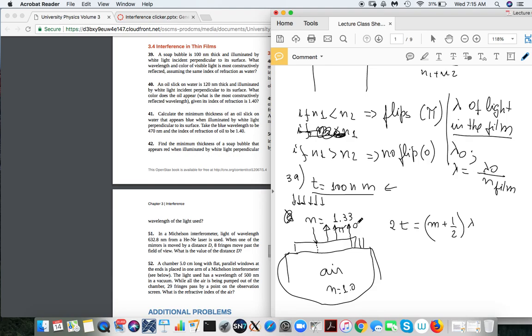Now, the main thing is that the lambda should be the lambda in the air divided by the index of refraction. Don't forget that. And then we can find the wavelength. So the wavelength should be equal to, for the first one, m equals 0, 2 times 1.33 times t.